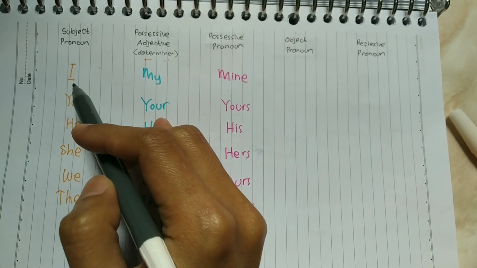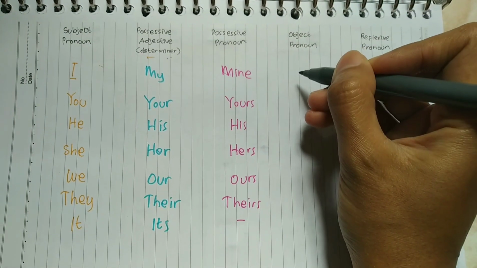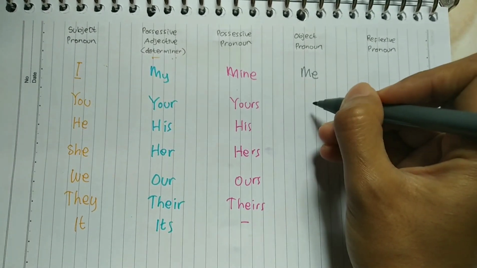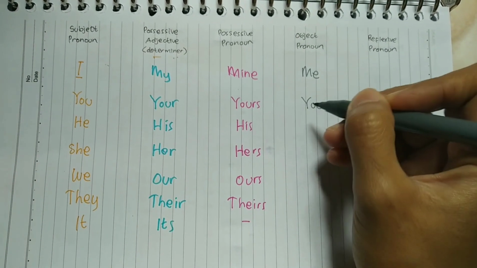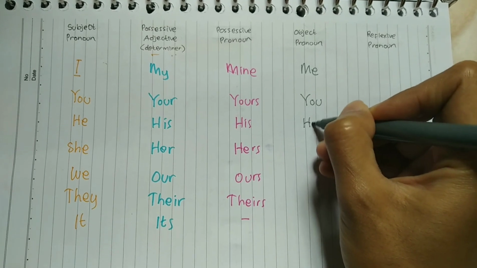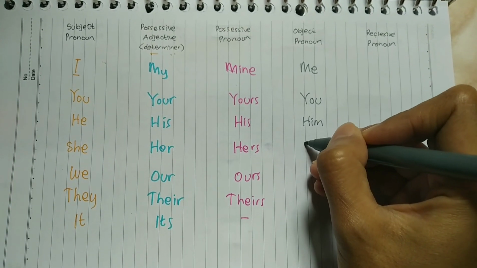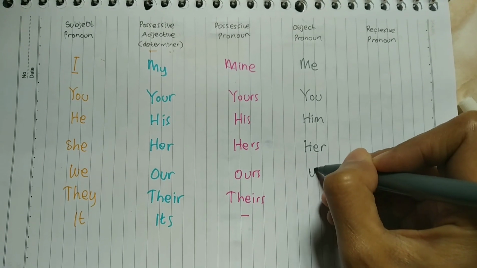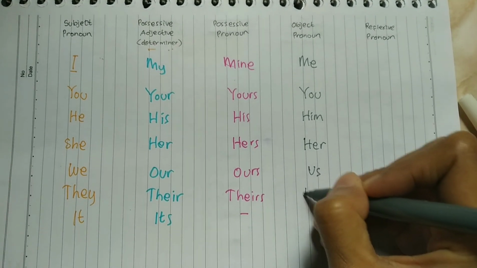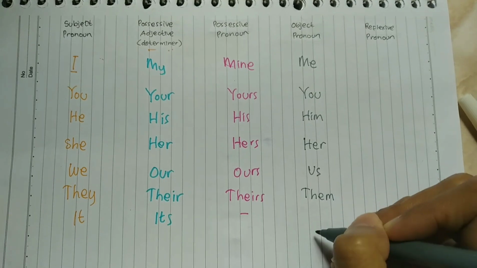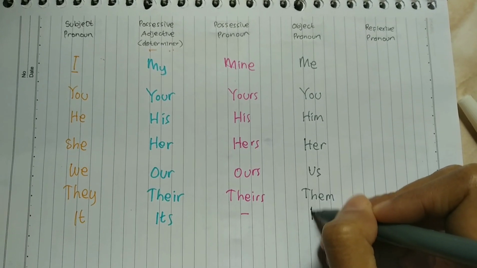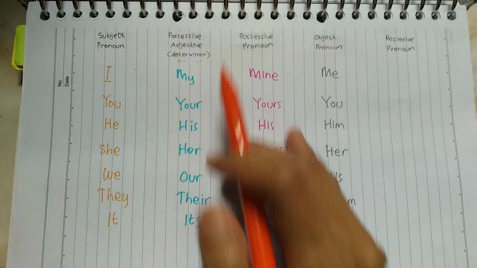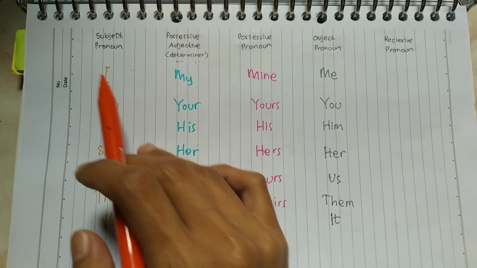If the subject is I, so the object will be me. And then you, him, her, us, them, it.